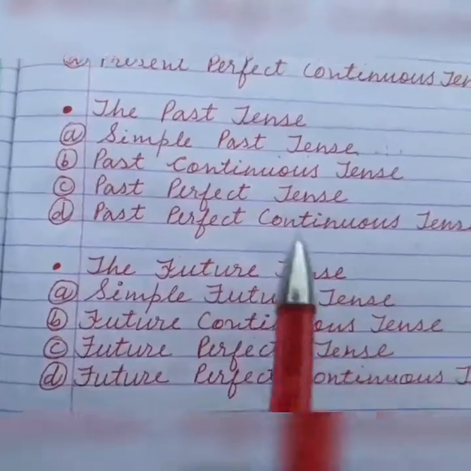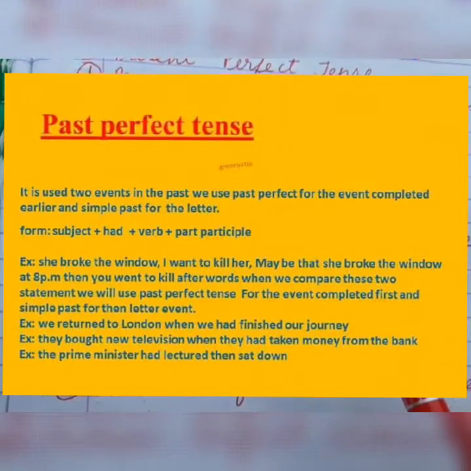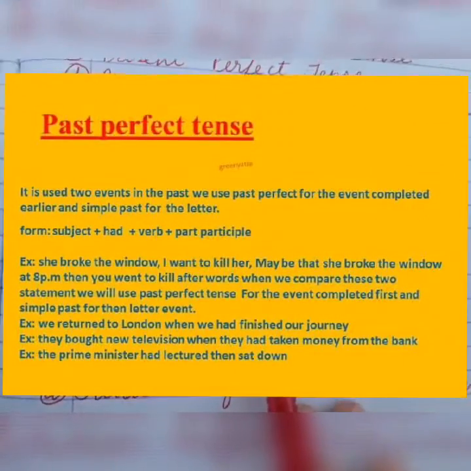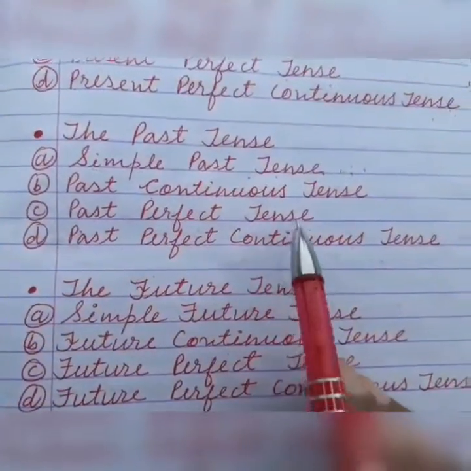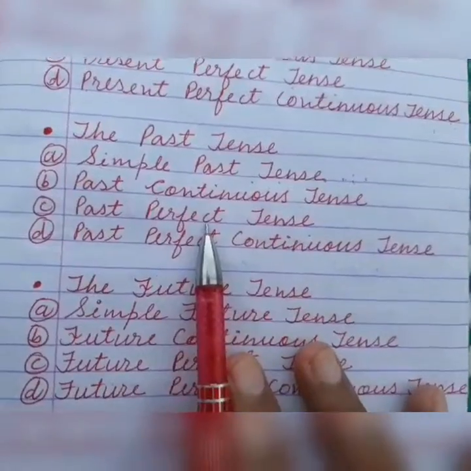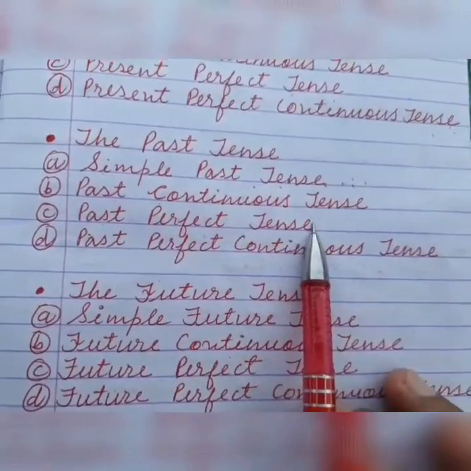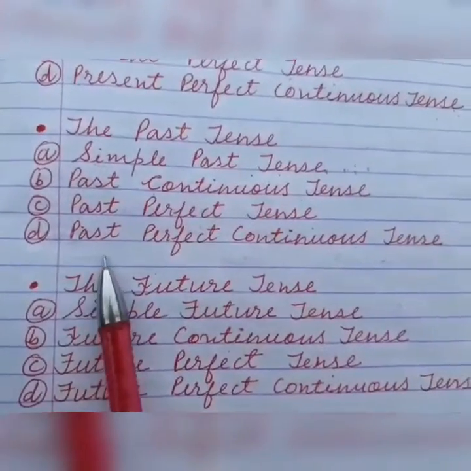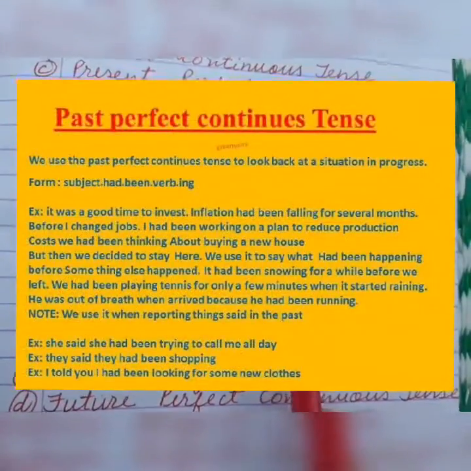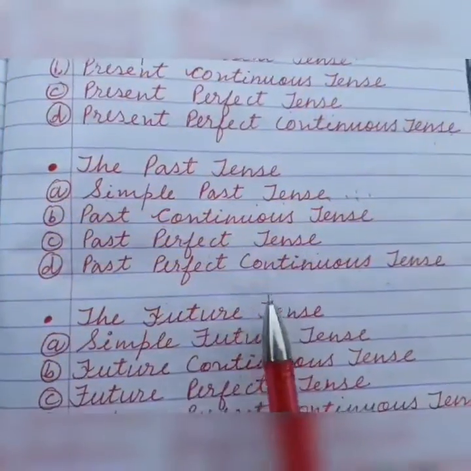In the same way, past perfect tense you should use when two works are completed in the past time; then for the first completed work, the first completed event, you should use past perfect tense. Clear? And past perfect continuous tense is also like present perfect continuous tense.